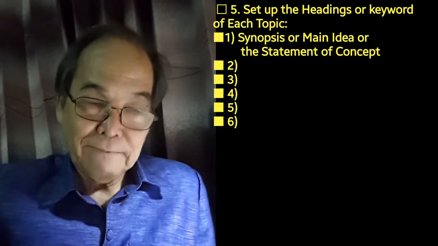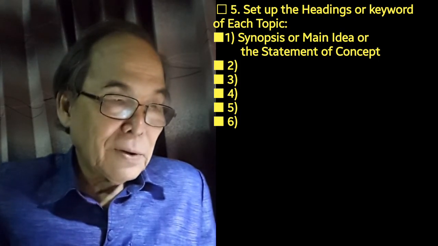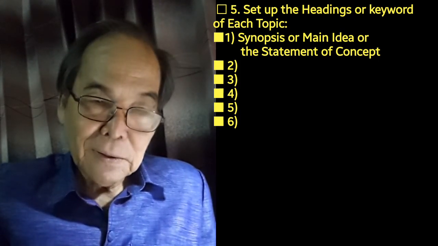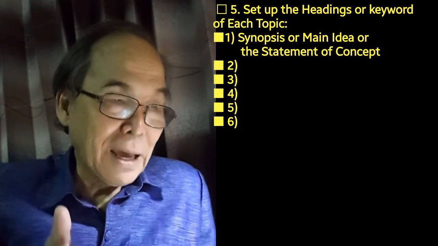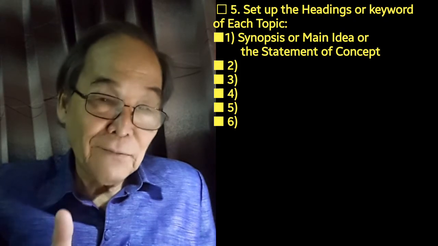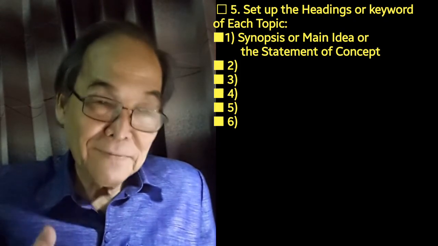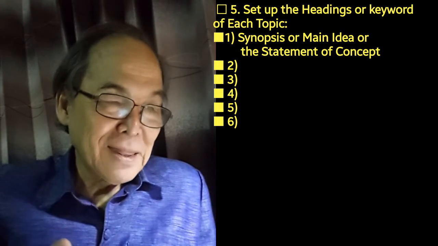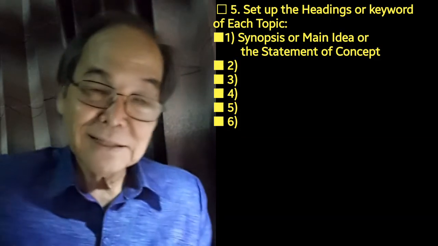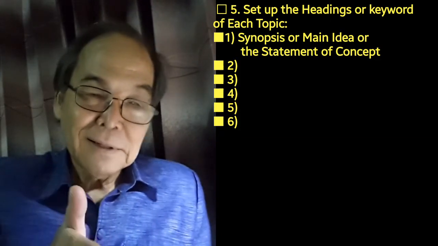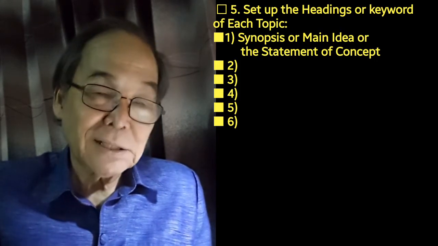Number 5, you need to set up the heading, the subheading of the keywords to cover at least 5 or 6 ideas or main ideas. Okay, 5 or 6 subtopics.